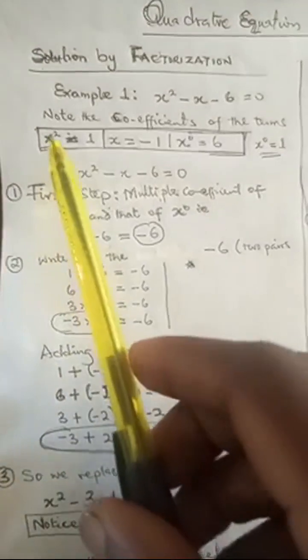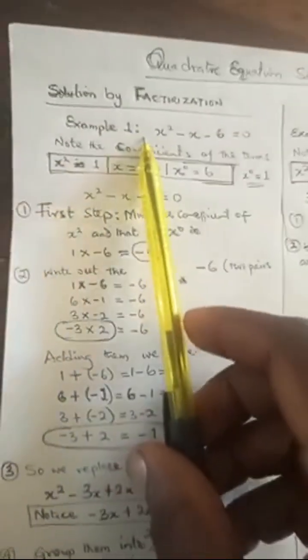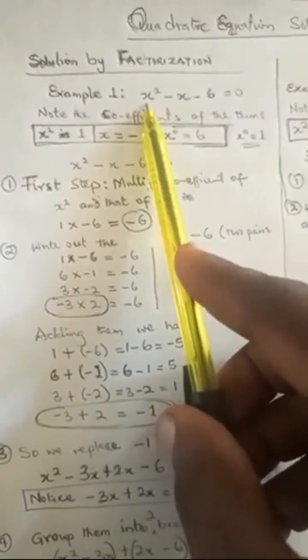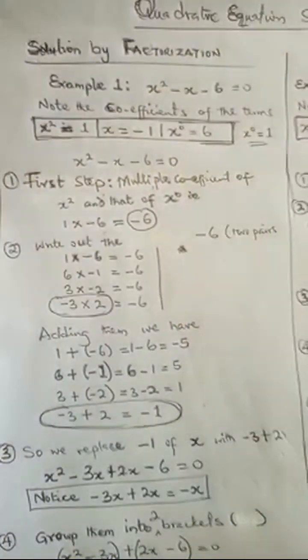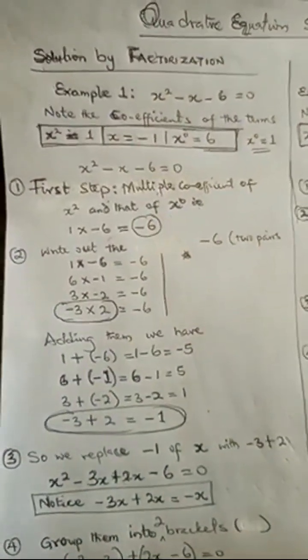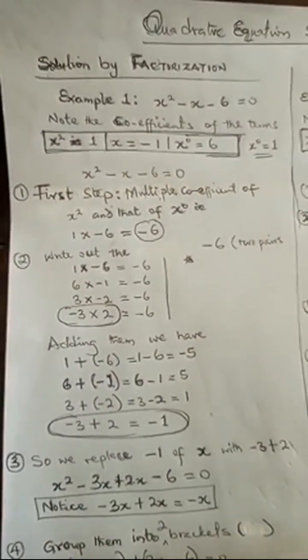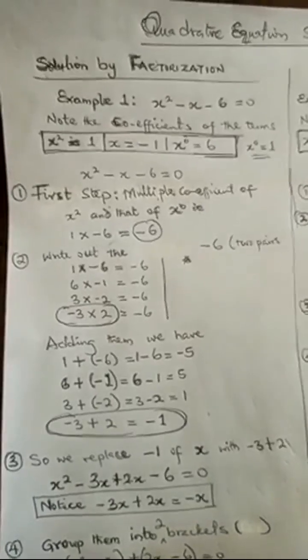Coefficient is the number that comes before the letter in an algebraic equation. So we have the coefficient of x squared to be 1. 1 is not written there because 1 is never written as a coefficient. It's also never written as a power.